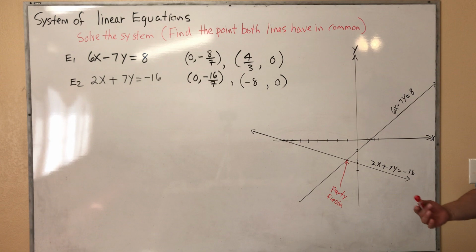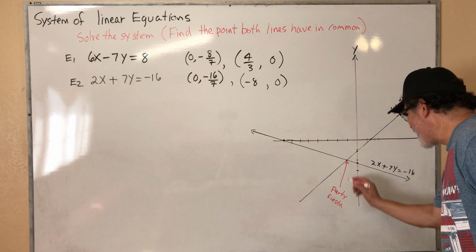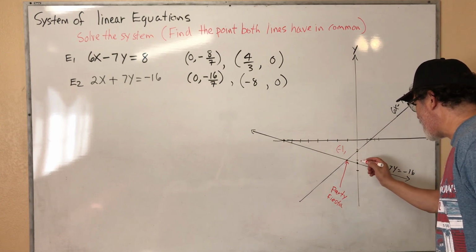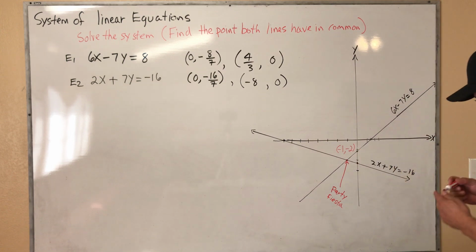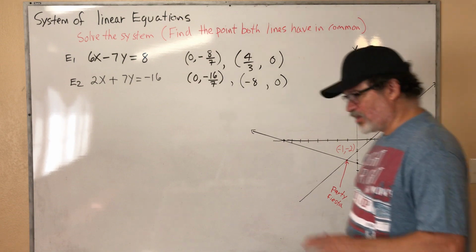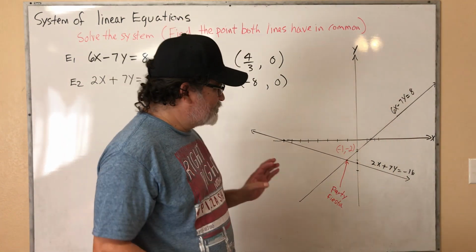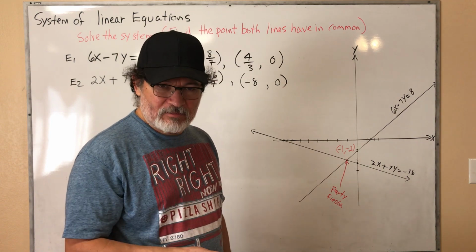That's a wild guess. Actually, it's not a wild guess. It's a good guess. Okay? So I'm going to say that the party is at x equals -1, and y equals -2. That's where the party is. Okay? All right. So you can find the address to the party by graphing.